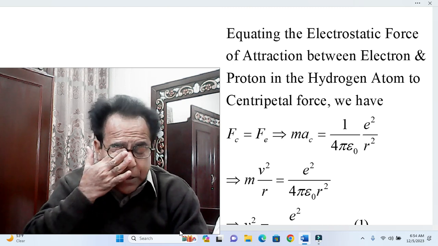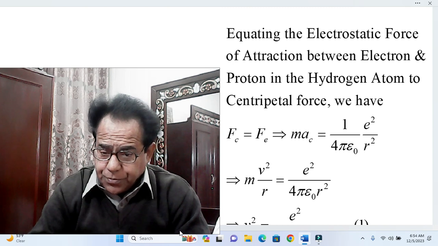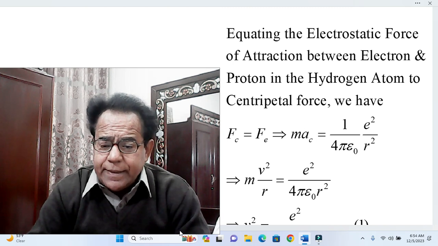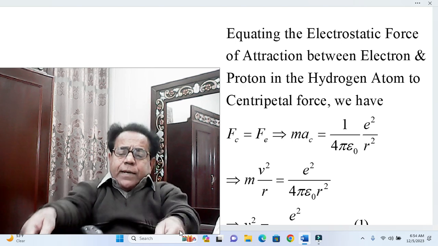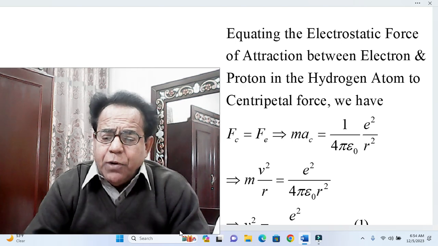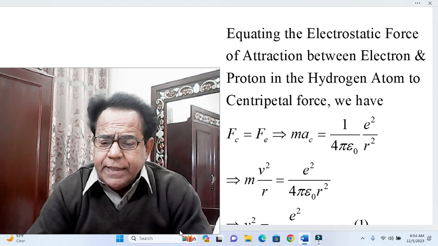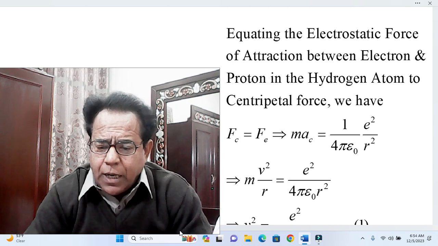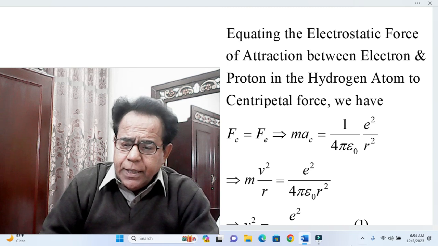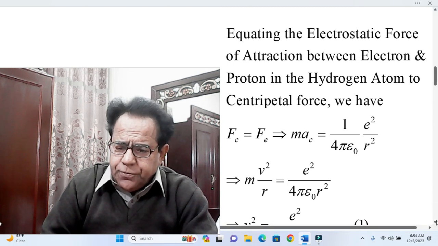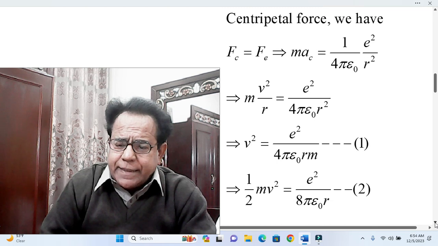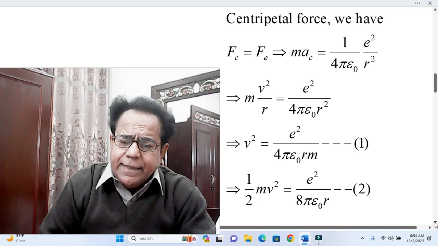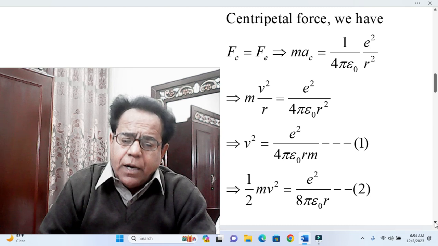So in place of centripetal acceleration a_c, we have used v squared over r. On the right hand side, no change, e squared over 4 pi epsilon naught r squared. We have just used the value of centripetal acceleration, which is v squared over r.